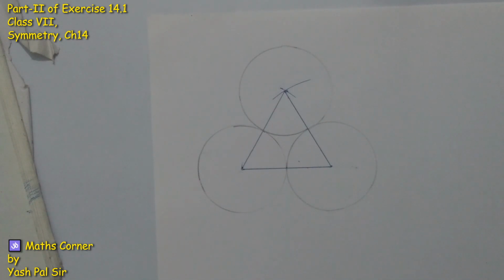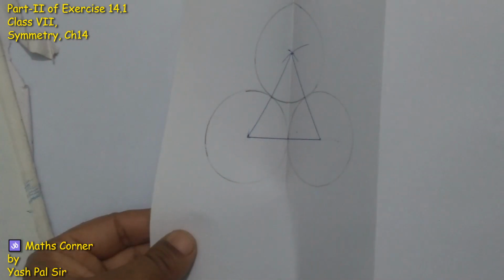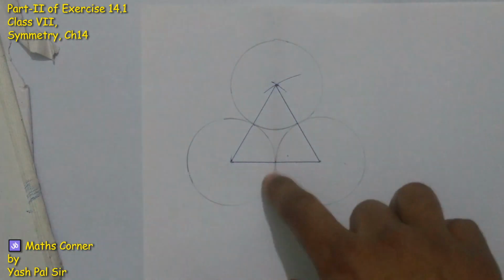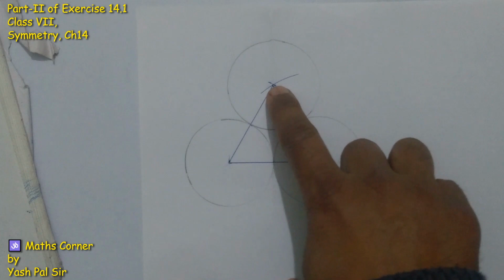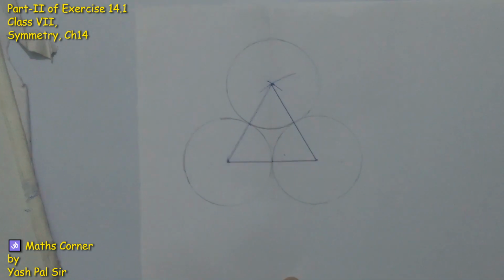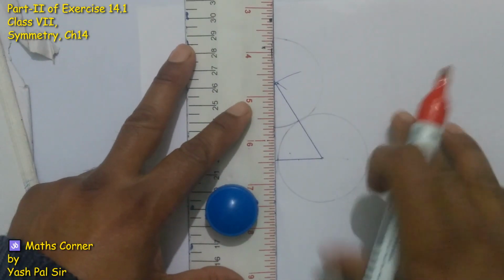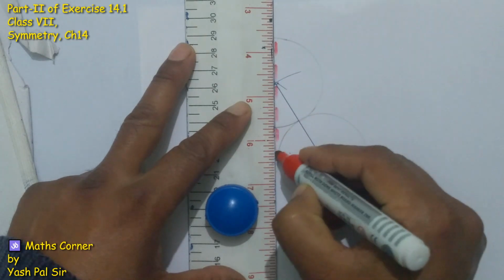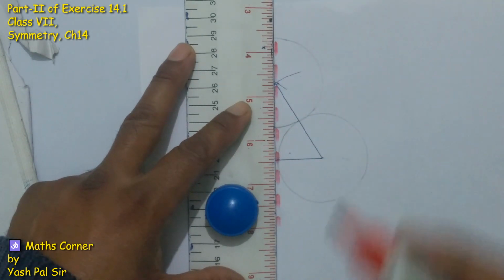So I am going to fold this paper. This is the first fold. Okay, through the midpoint of this side up to this vertex. The first line of symmetry is this line.